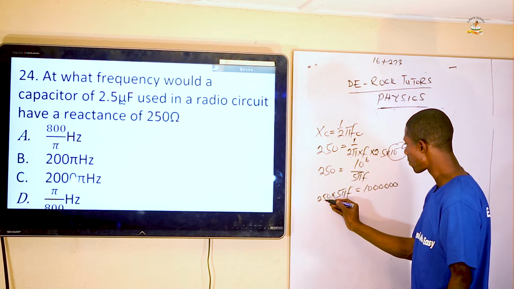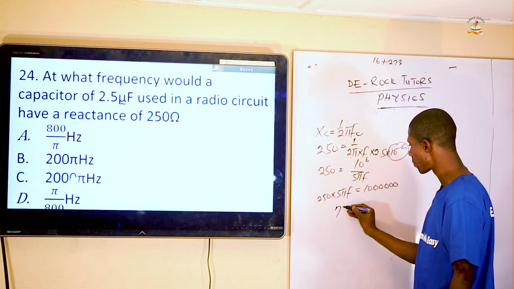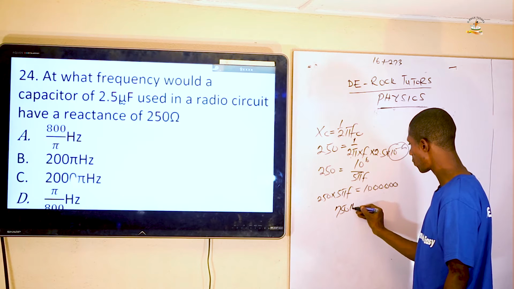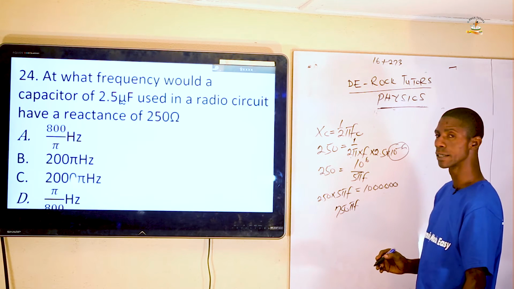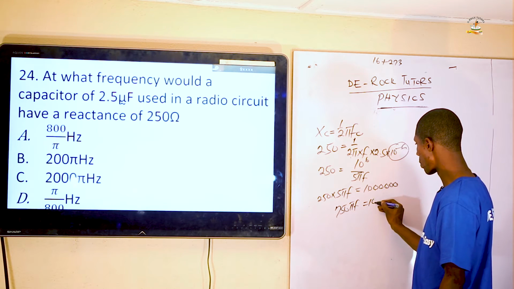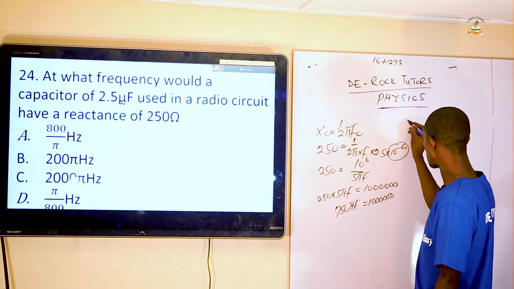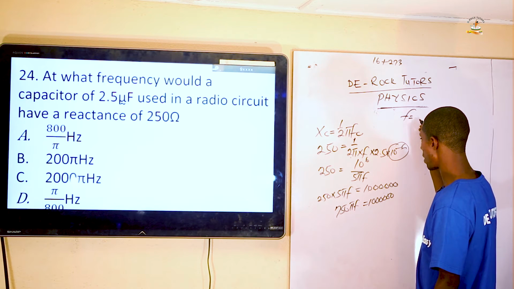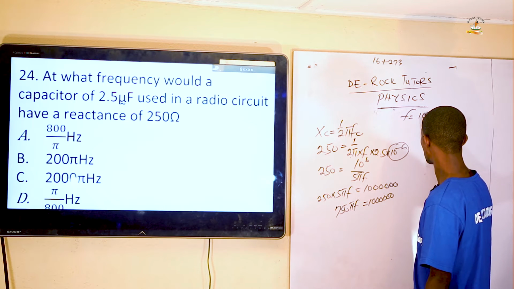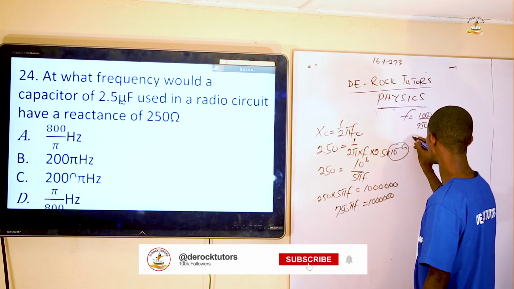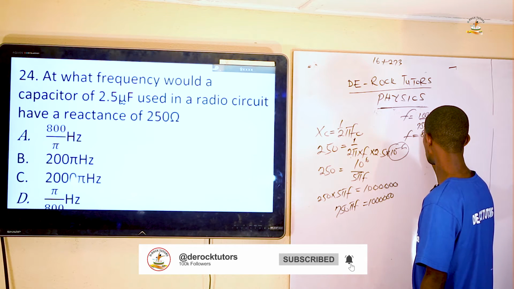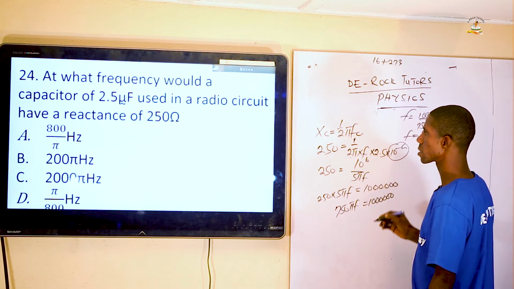So 250 multiplied by 5 will give me 750 in terms of pi, and the frequency equals 1 million. So I want to make f the subject, so I will have 1 million over 750π. So I will have 800 over π as my answer.